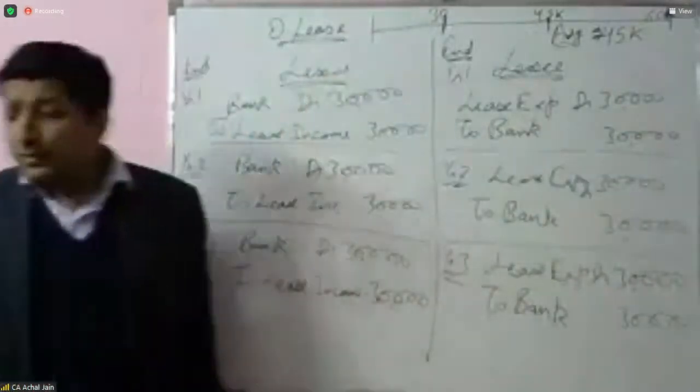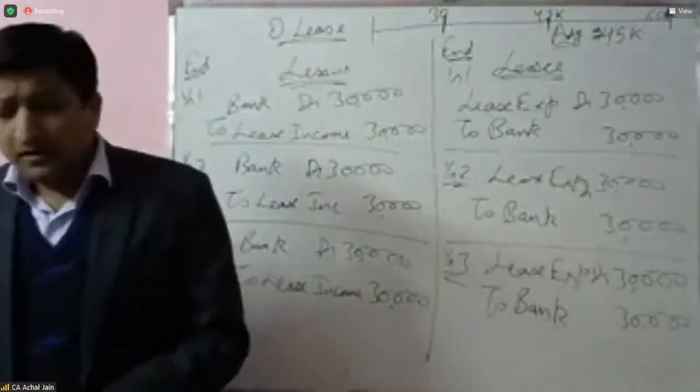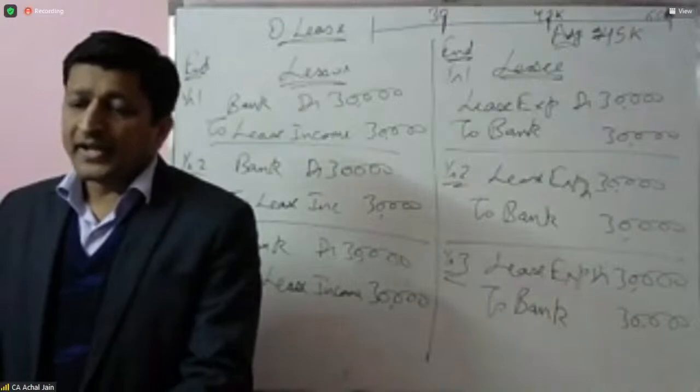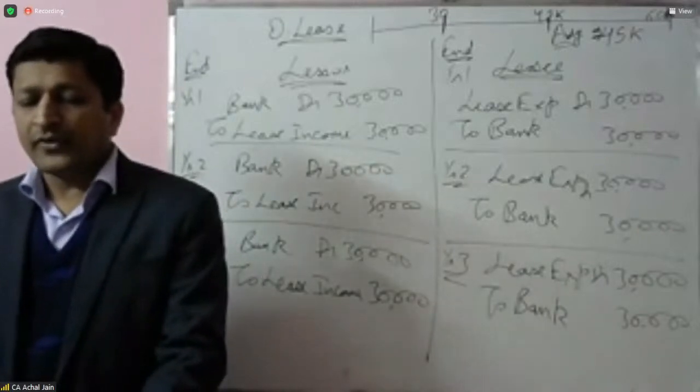So if you compute, you will find the average becomes 45,000. Yes or no? Quickly, can you check this? Average will become 45,000.